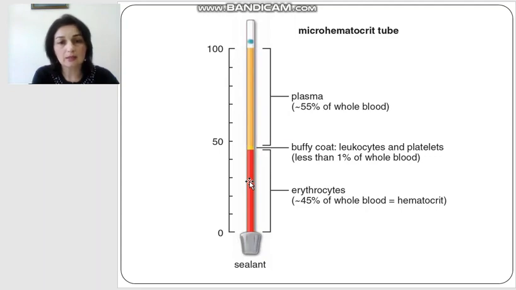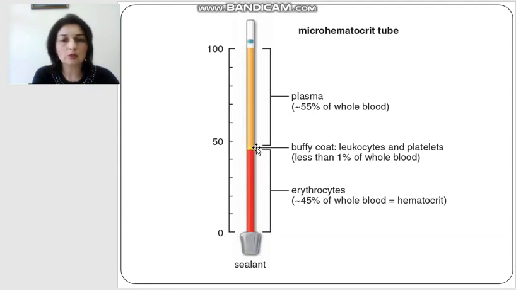The blood cells will be precipitated on the bottom of this tube. In that way, 45 milliliters, or 45% of this tube, will be occupied by the red blood cells. It is called hematocrit. Hematocrit is the total volume of red blood cells.